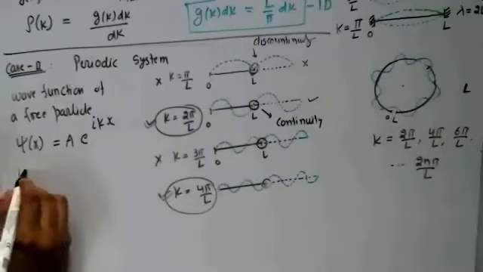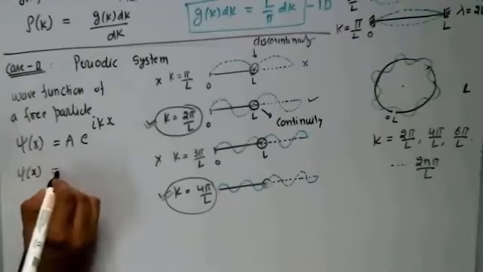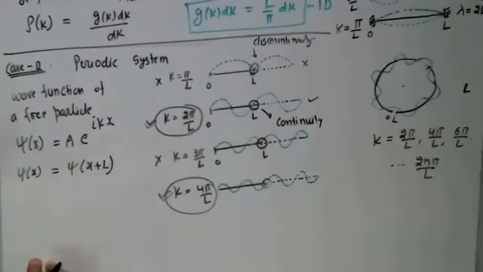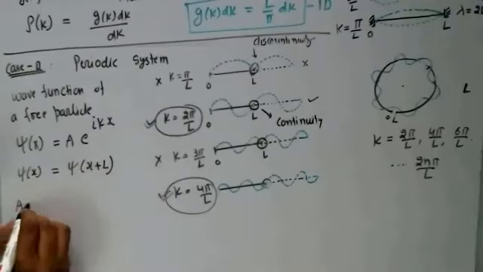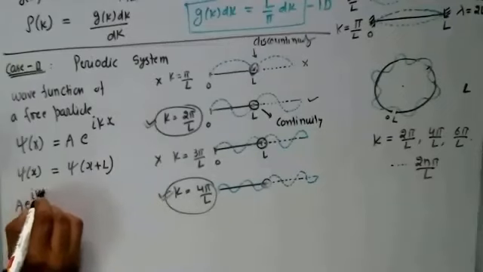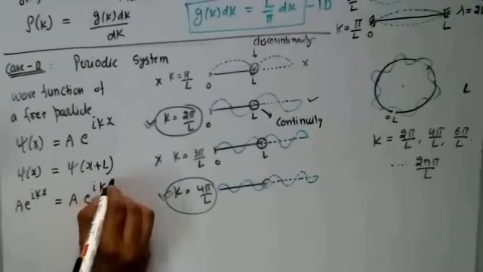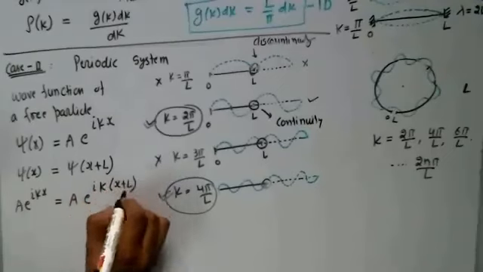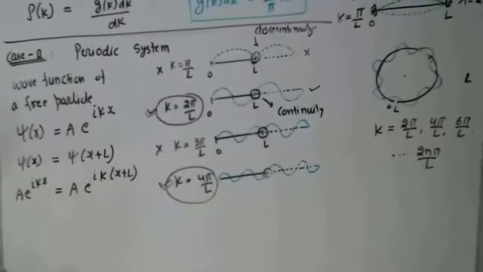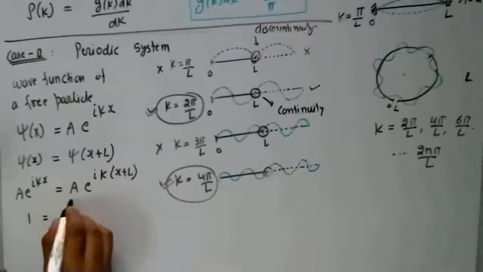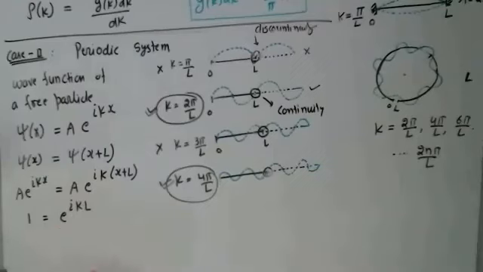So what I can say is that psi of x is equal to psi of x plus L. It means I can solve it. This becomes what? 1 equal to exponential iota KL.